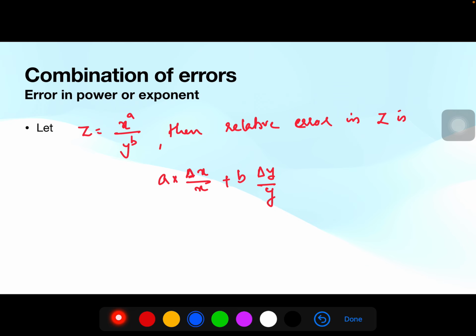Okay. Now, if you are considering exponent terms, then also you find the relative error of each measurement.